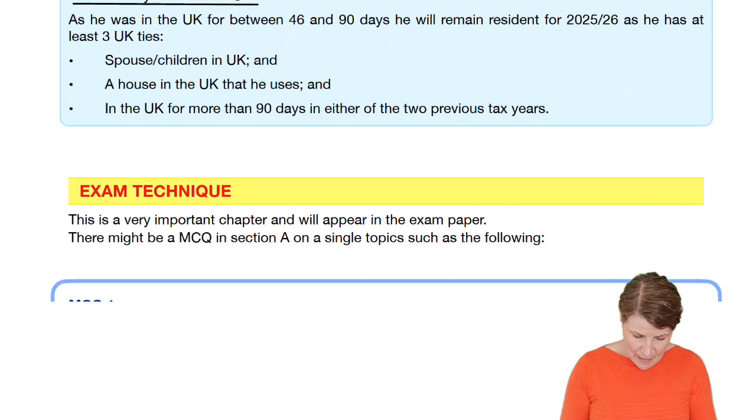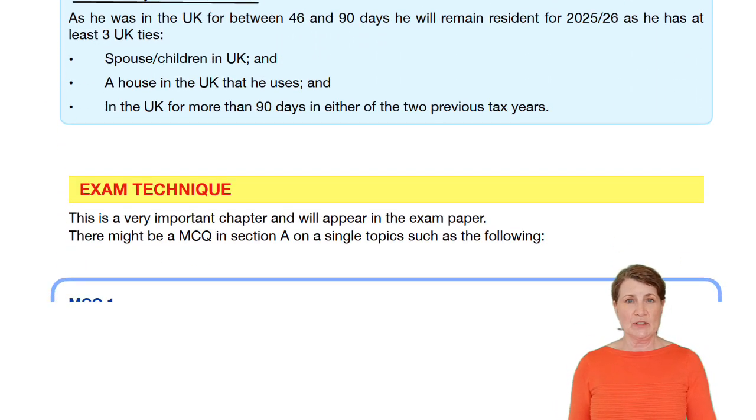So he's got the family tie. He's got his spouse and children in the UK. He's got the accommodation tie because he's got somewhere to live when he comes to the UK. And he's also got the 90-day tie because he spent at least 90 days in the UK in either of the 2 previous tax years because he used to be resident in the UK and used to spend at least 10 months of the tax year in the UK.